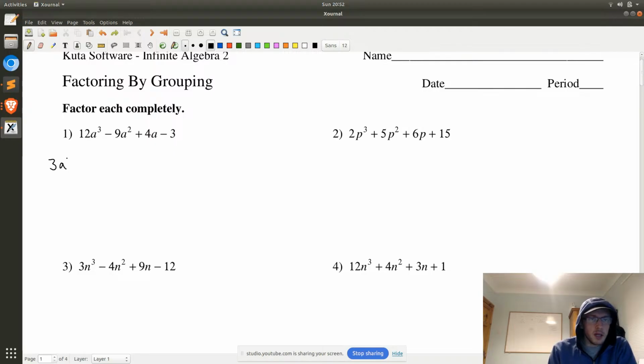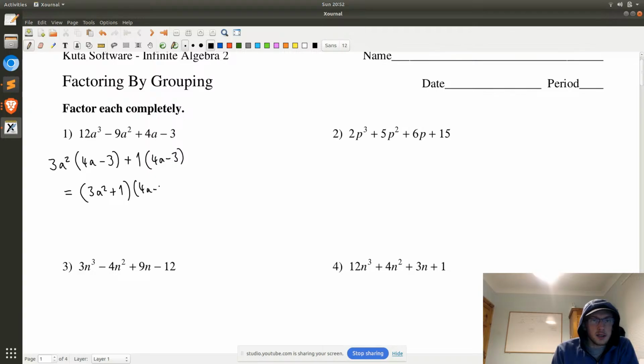So 3a squared, then 4a take 3. And that looks remarkably like the last two terms. In fact, the last two terms are clearly just one copy of that. So we get 3a squared add 1 all times 4a take 3.